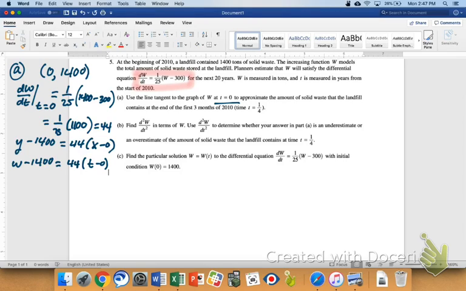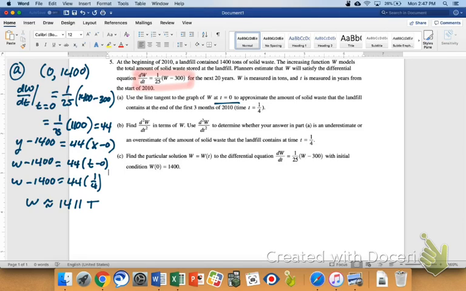And then to finish it off, it wants us to estimate W when t is 1/4. So I'm getting W minus 1400 equals 44 times 1/4. Well, that's 11. And if I add over, I get W is approximately equal to 1411 tons of solid waste.